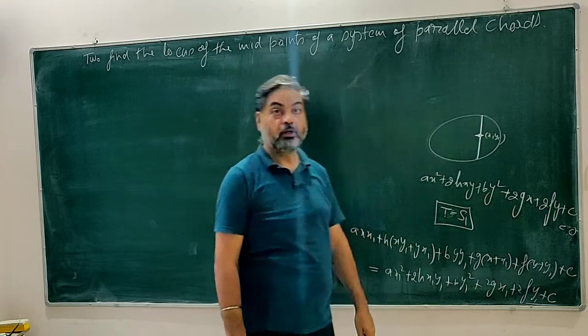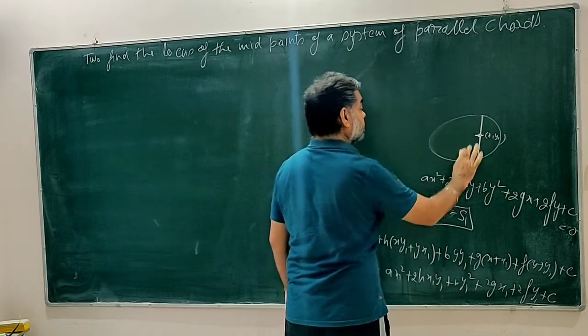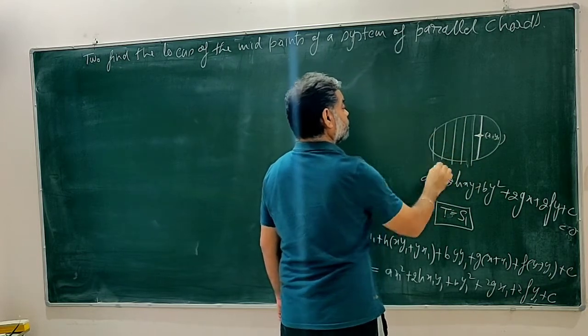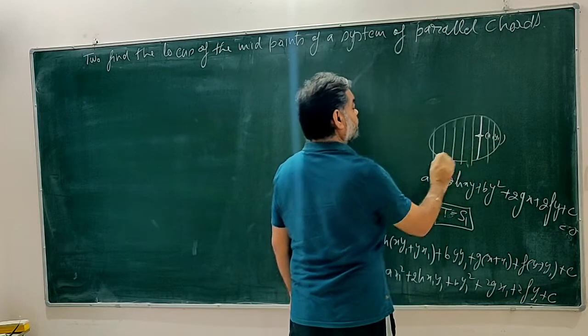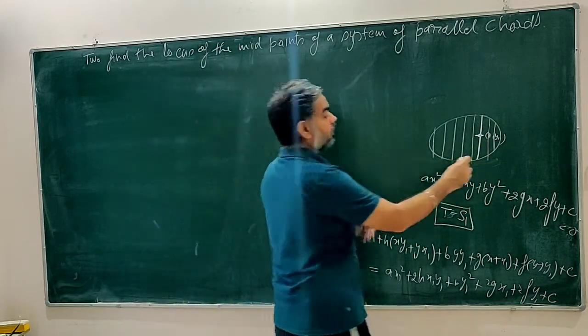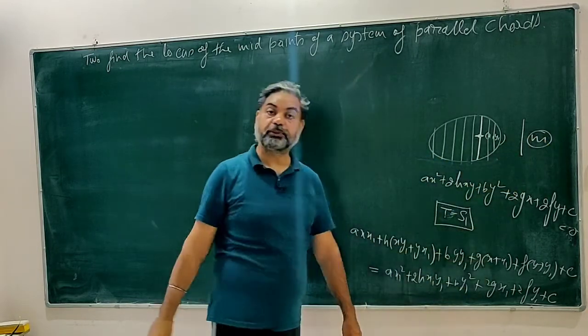plus c equal to 0, and suppose we have a system of parallel chords in this, and suppose all these chords are parallel to a line whose slope is m.